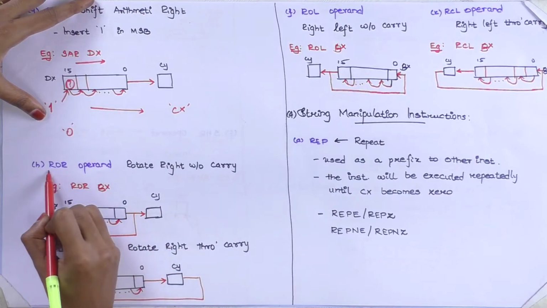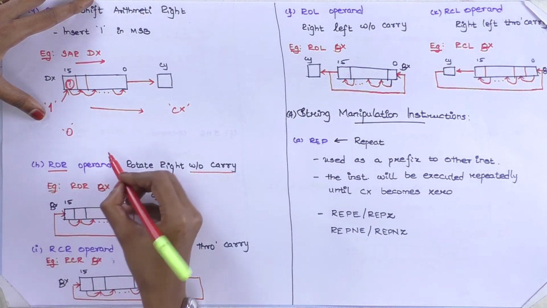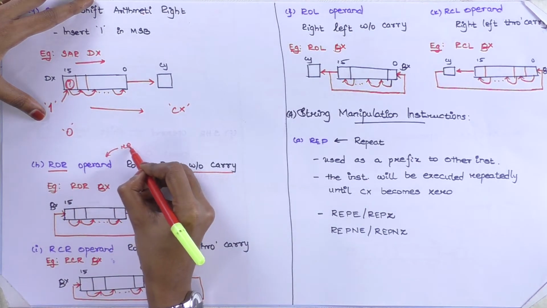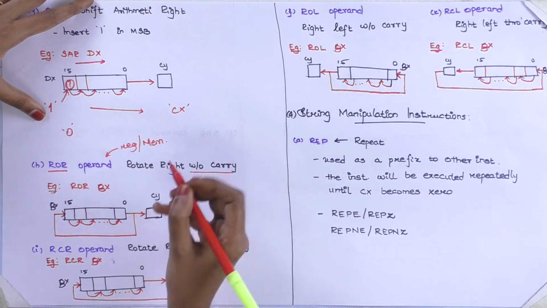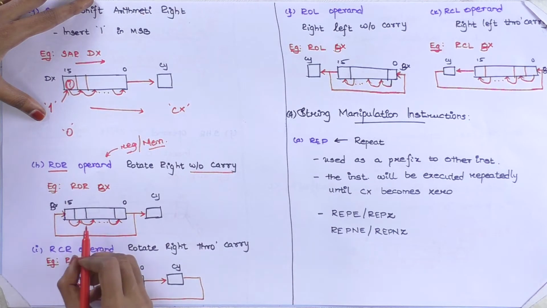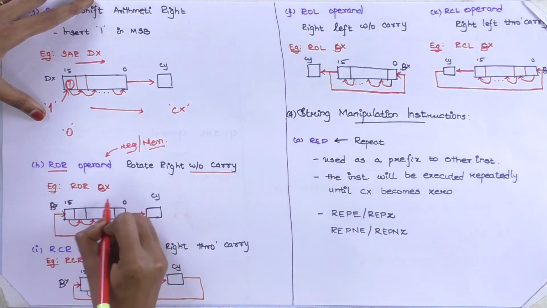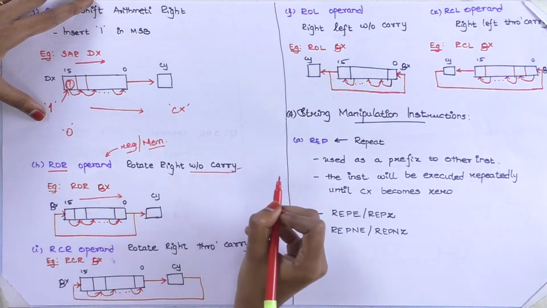So first we will see rotate right without carry, ROR. So operand field can be of a register or it can be of a memory location. Fine. The values in the register or in the memory location will be rotated right side from most significant to least significant bit without involving the carry bit.